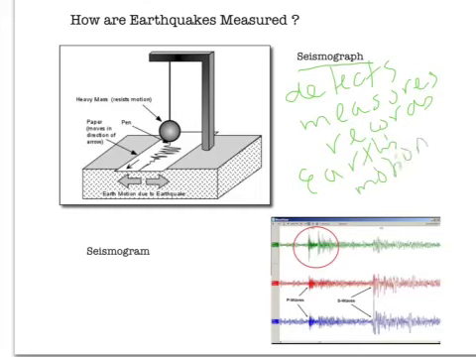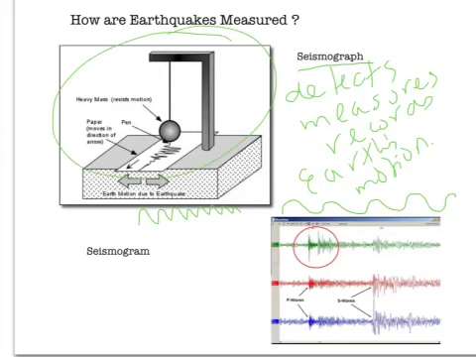So any kind of motion made by either a primary wave or a secondary wave is recorded by this device. A seismogram is a recording on paper by this device. A seismogram usually looks like this.